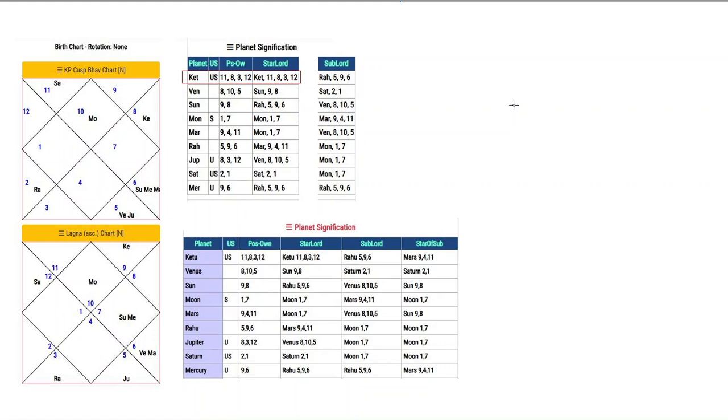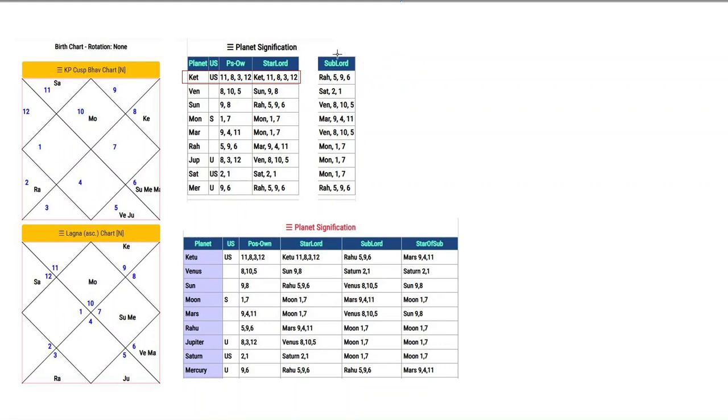For childbirth, 2, 5, 11. For business, you have 2, 6, 10. So that's a house grouping. That indicates where the focus is on the Dasha timeline. And then the sublord decides what kind of flavor that particular event has: positive, negative, good, bad.